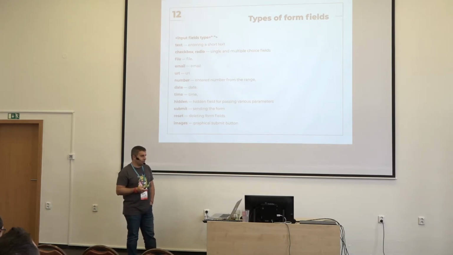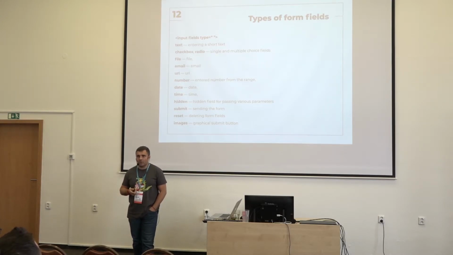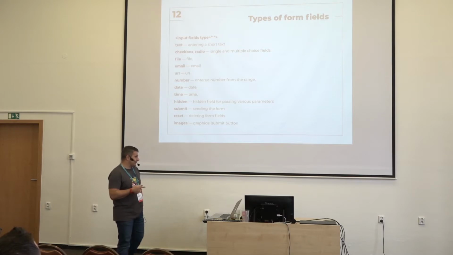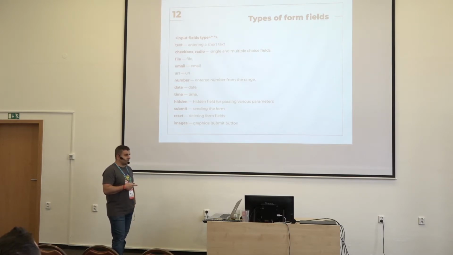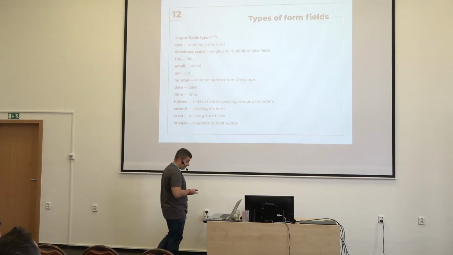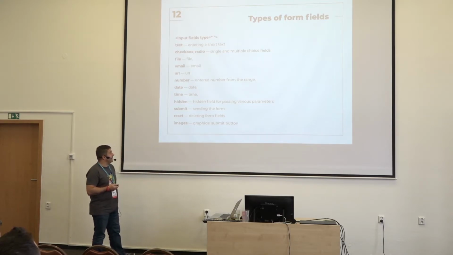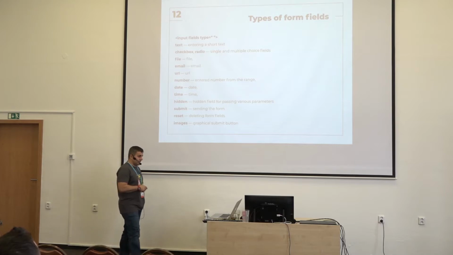File, email, URL, number, date: the names speak for themselves. And the hidden type is for passing some parameters to our backend, some for validation. We also have submit, reset, and image. These are types of button for sending or resetting our form.